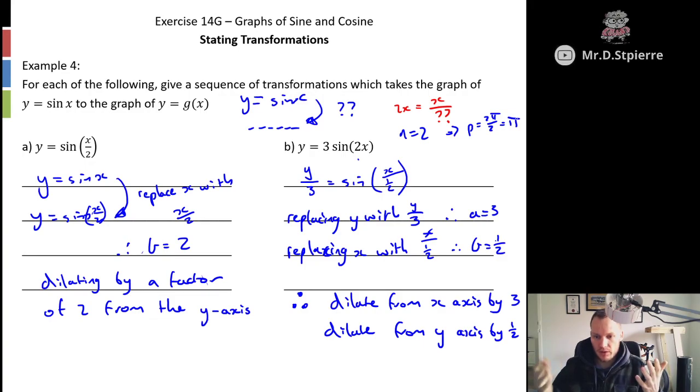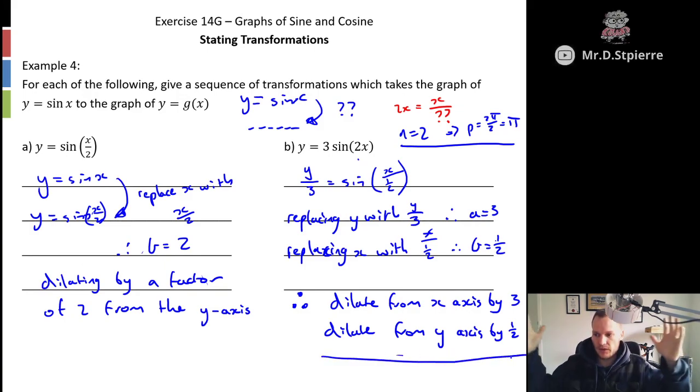Well, my period is pi, which matches this idea of dilating from the y-axis by half. We're effectively compressing it in, and we're halving everything, or squishing it to half its horizontal length. So that's how you identify transformations required.